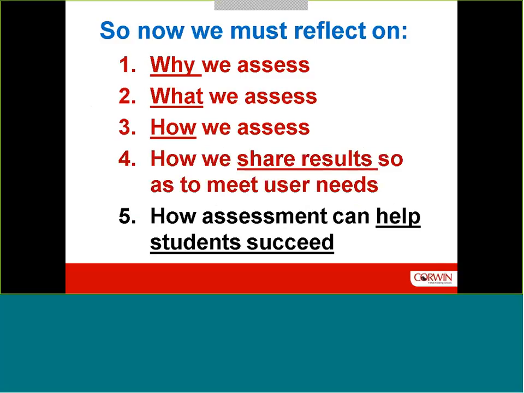In addition, I want to talk about how we share results so as to meet all users' information needs. And then finally, the real capstone to the presentation, to the discussion I want to have is how can we possibly use assessment to help all students believe that success is within reach for them.